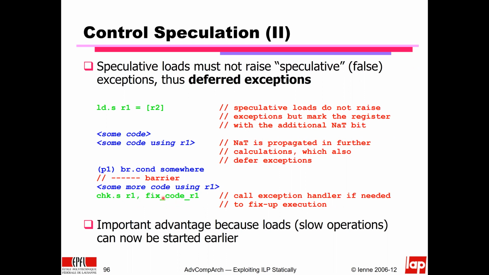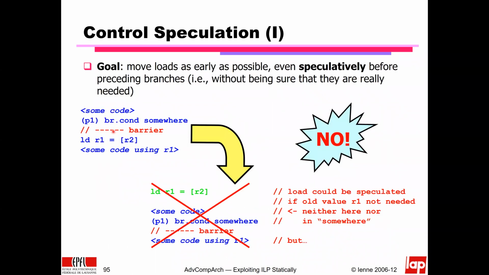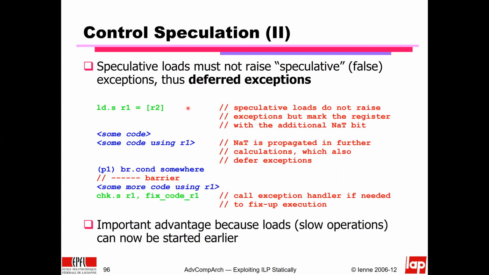What I can do in the fixed code, in some other place in the code, is to essentially write again load R1 equal R2, the same instruction that is here, but non-speculative. Or if you want, the same instruction that I had in that place. Now I execute it again. And why do I execute it again?